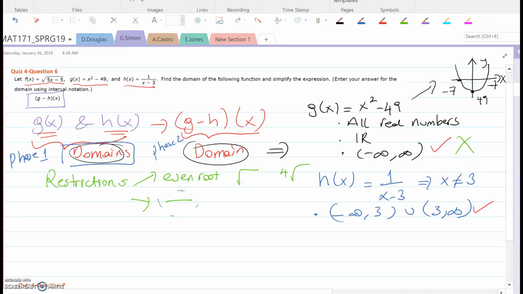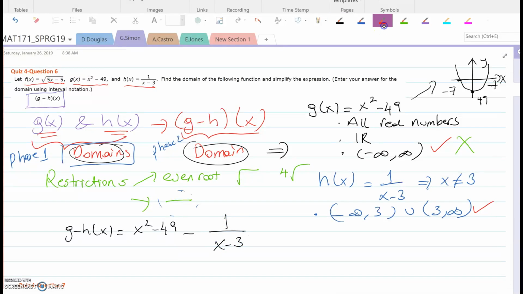So as I'm looking at your solution, you're writing g minus h of x. Nicely, you're finding that, right? That response of yours is correct, which is x squared minus 49 minus 1 over x minus 3.